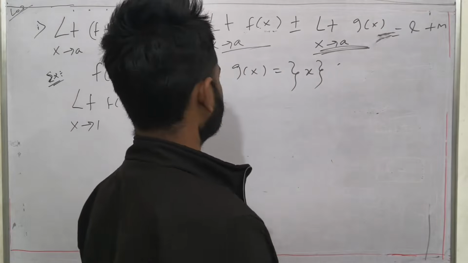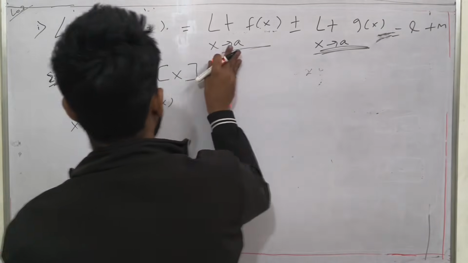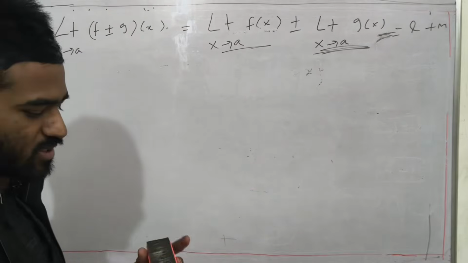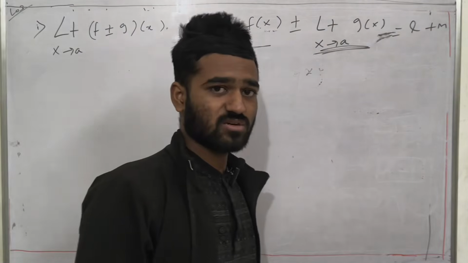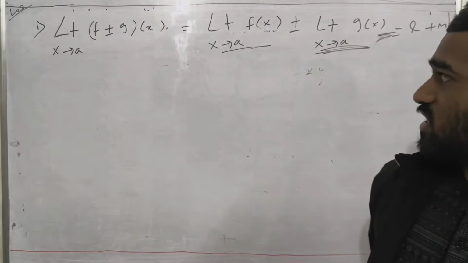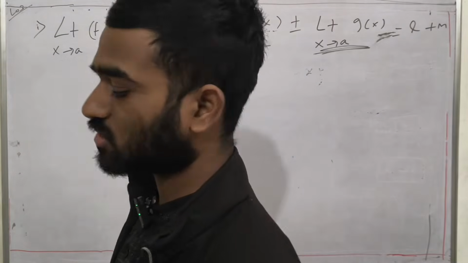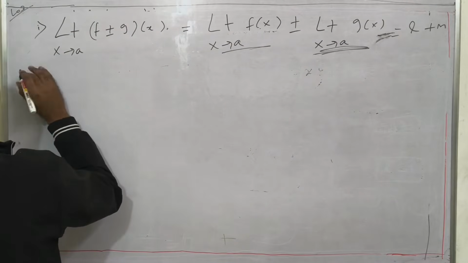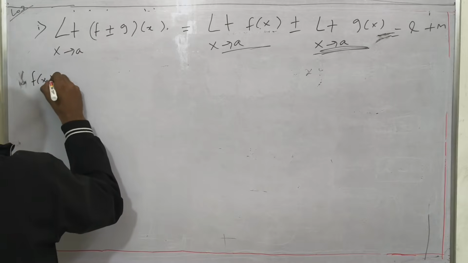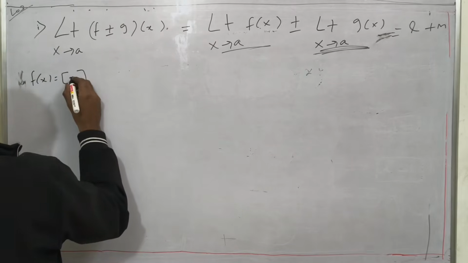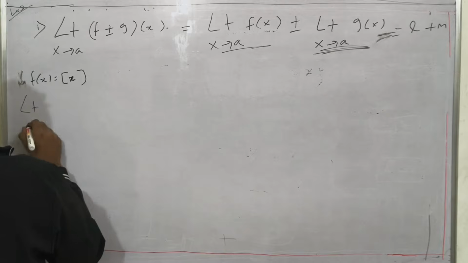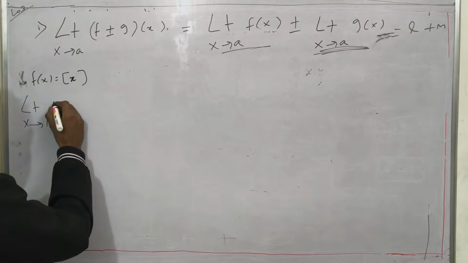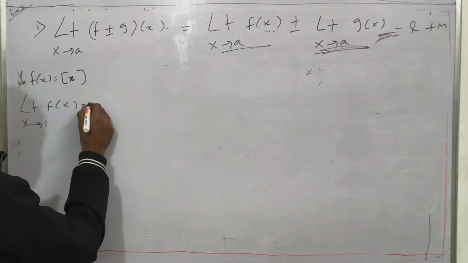Let's see whether these individual functions, step x and fractional part of x, satisfy the condition of existence of limits. Consider f(x) equals step x. Now let's see whether limit x tends to 1 of f(x) exists or not.